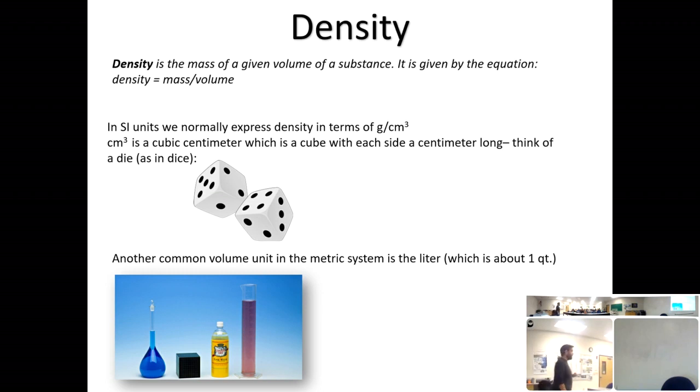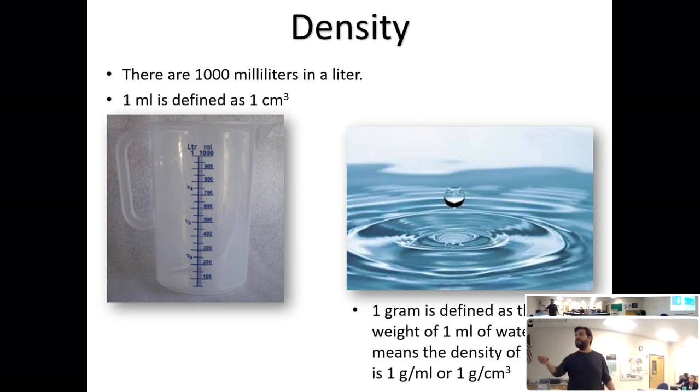Now a cubic centimeter, just to let you know, is about the size of a dime. Just in case you don't have a sense of how big a cubic centimeter is, I wouldn't blame you. It just so happens that a cubic centimeter is the same as 1 milliliter, okay?